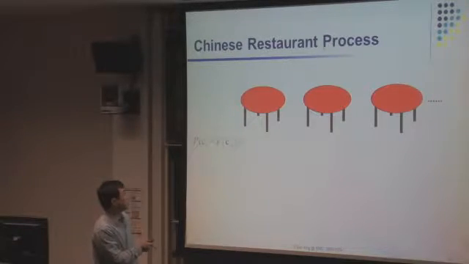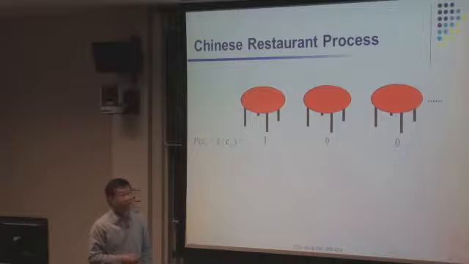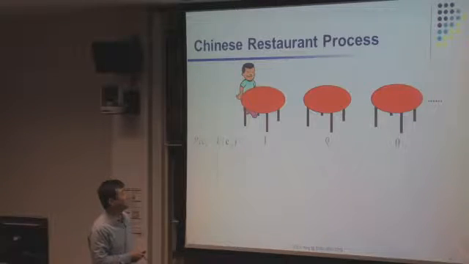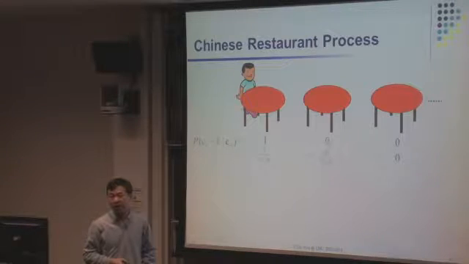So we are talking about how to seat customers in a restaurant with an infinite number of tables. The way they choose a table is proportional to the popularity of each table in the existing samples, right?